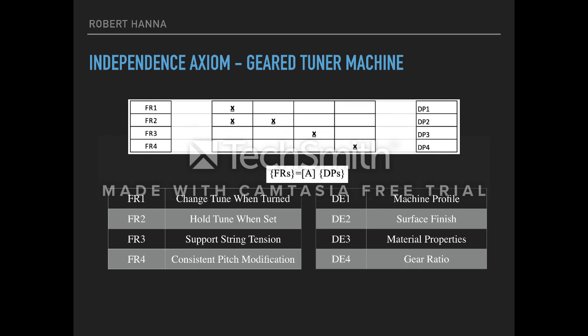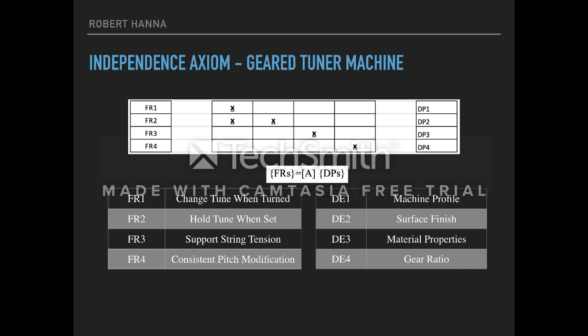Moving on to the geared tuner machine to show what that changes, pretty much everything gets improved as far as independence is concerned. The one thing that does remain decoupled is that functional requirement 2 is impacted by both surface finish and machine profile, just because in this design you have to wrap the string around the post a bunch of times, and that does change the diameter and does allow some of that frictional quality to be relied on.